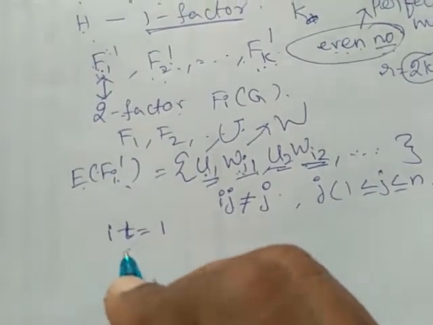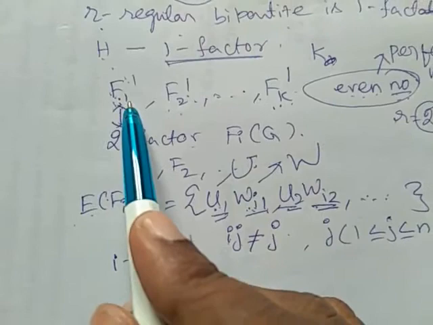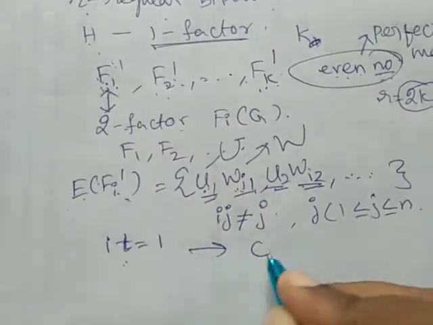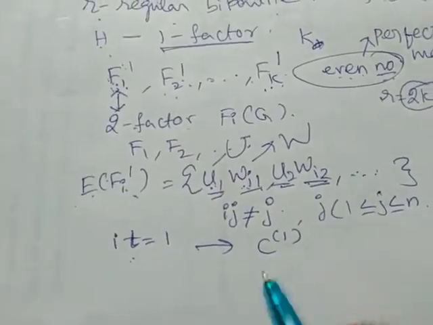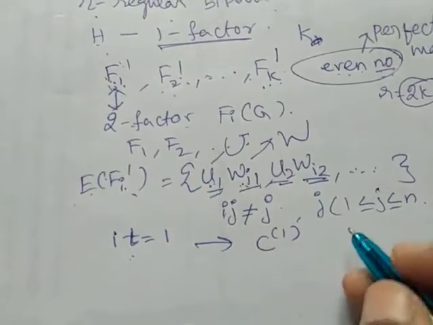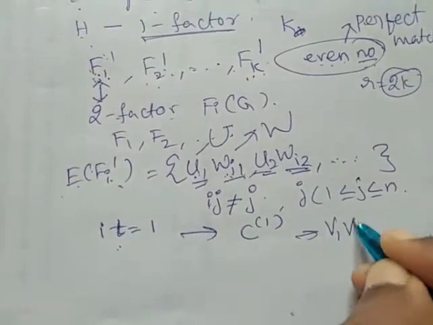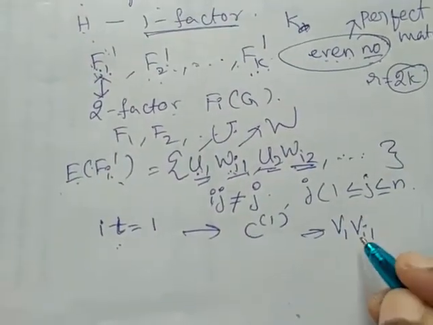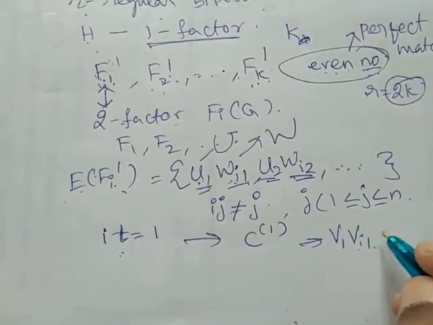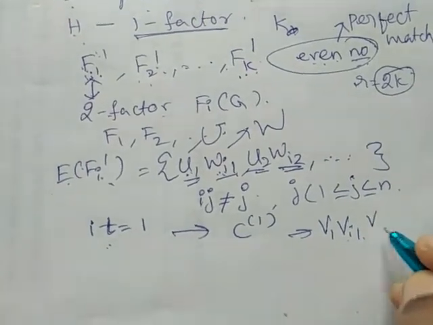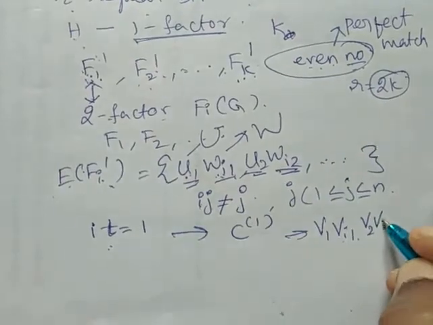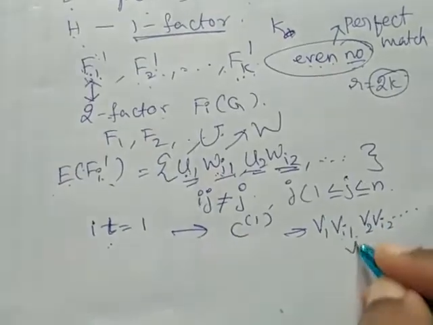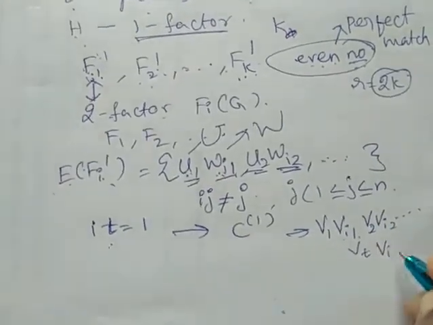Then one factor f1 dash gives rise to a cycle C1. What does this cycle contain? It contains V1, Vi1 meaning vertex i1, V2, Vi2, etc., Vt, vertex Vit.